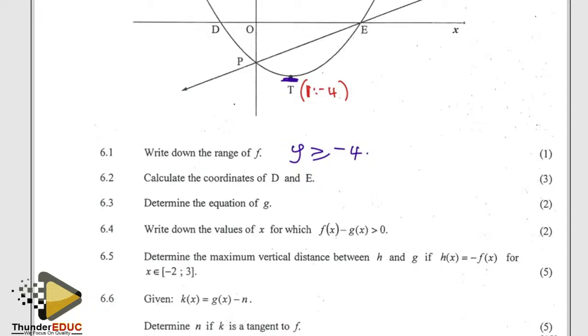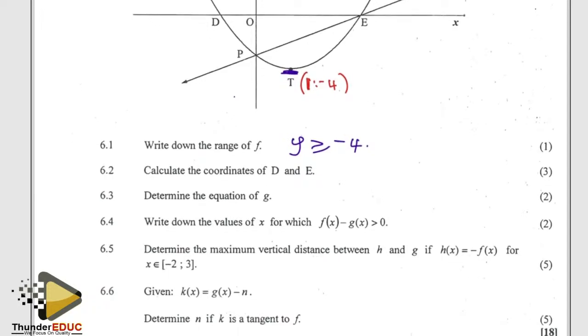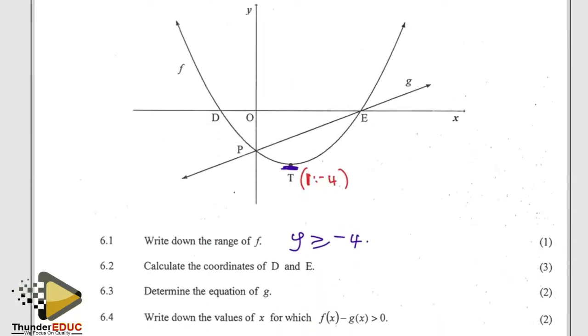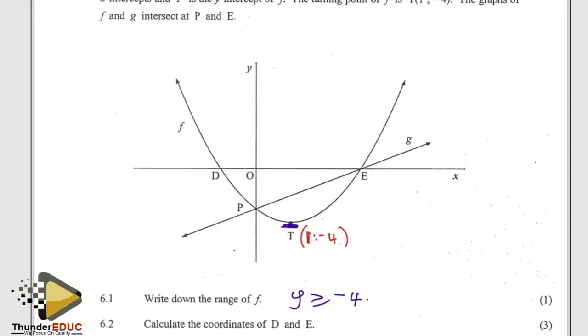And then 6.2, calculate the coordinates of D and E. So we can see that D is the x-intercept, E is also the x-intercept. But we know that at the x-intercepts, y must be 0. So we have to solve that quadratic. Let me jot it here and say that x squared minus 2x minus 3 is equal to 0.